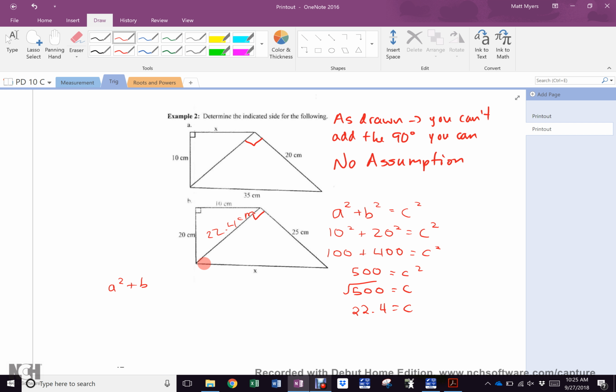Because this can't be 25, can it? Because we know this has to be the square root of 500, which is approximately 22.4. Everybody cool? So the only way to do B is if that's a 90-degree angle. And you can't assume it's a 90-degree angle unless you know it's a 90-degree angle. Everybody cool? Okay, now let me ask you this.